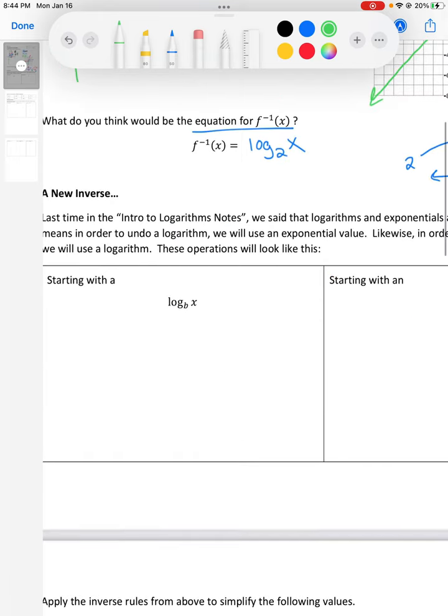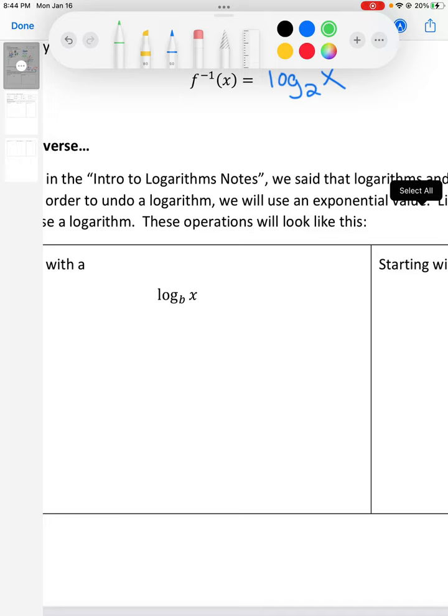So here, if I'm working with a logarithm, log base b of x, and I raise this logarithm to an exponent, because what's the opposite of a logarithm? An exponent. So I'm going to raise b to this logarithm.